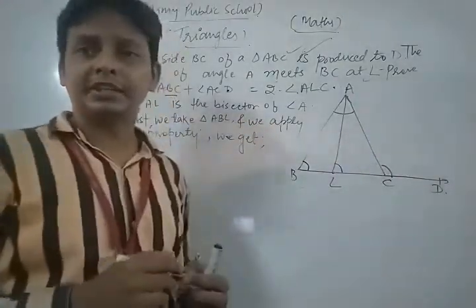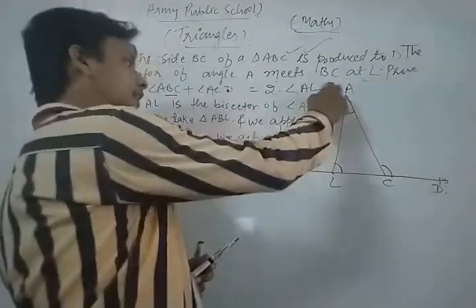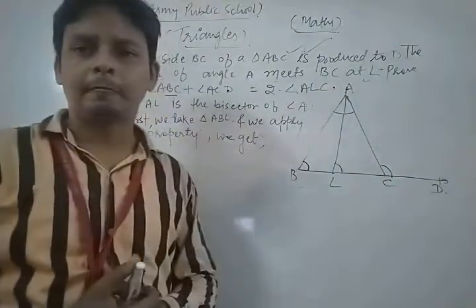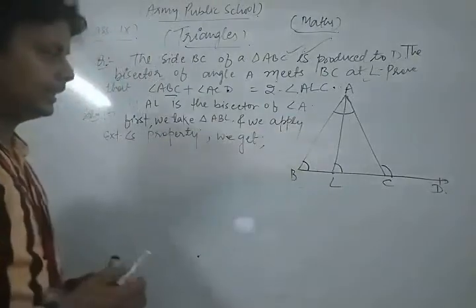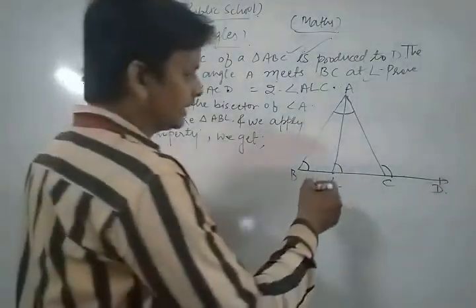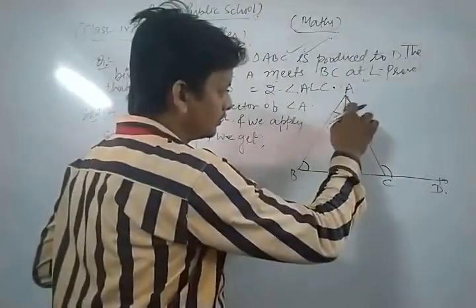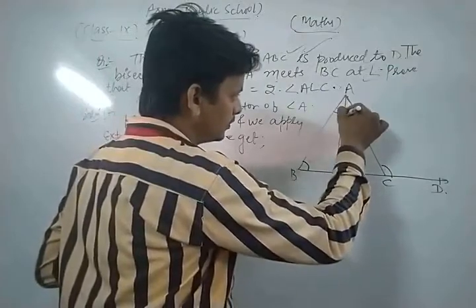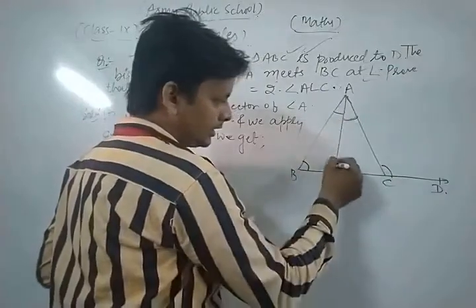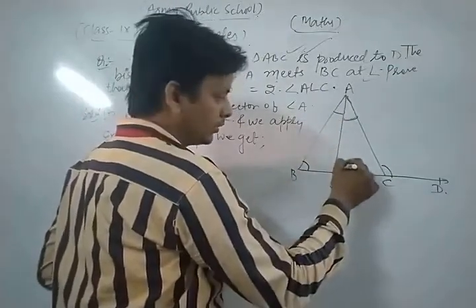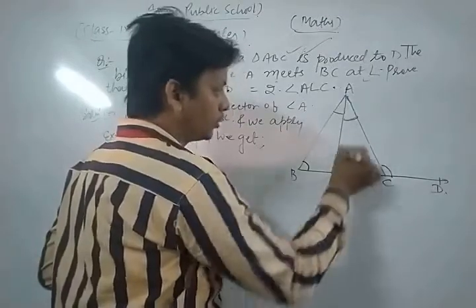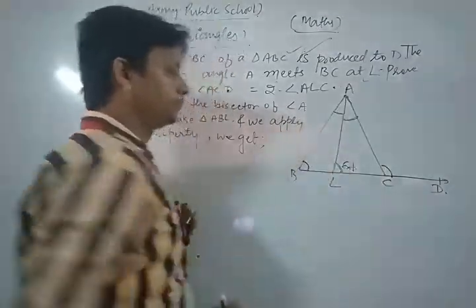Dear student, what is the exterior angle property? You know that for triangle ABL, your exterior angle is this. This is the exterior angle corresponding to triangle ABL.